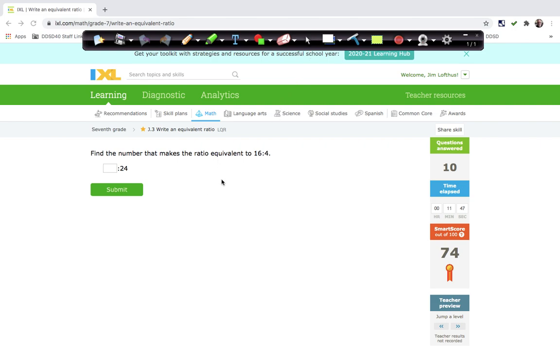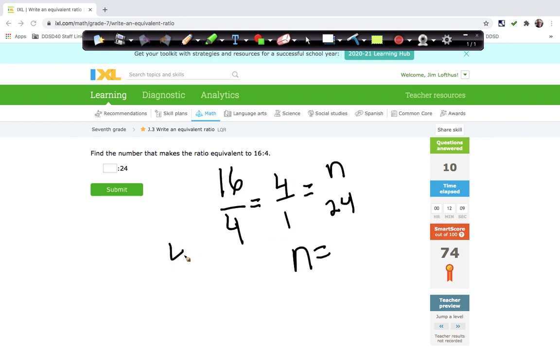We're going to do 16 to 4. And I'm just going to simplify that. That's 4 over 1, just so it's a little simpler. N over 24. So 1 times n is n, and 4 times 24 is 96.